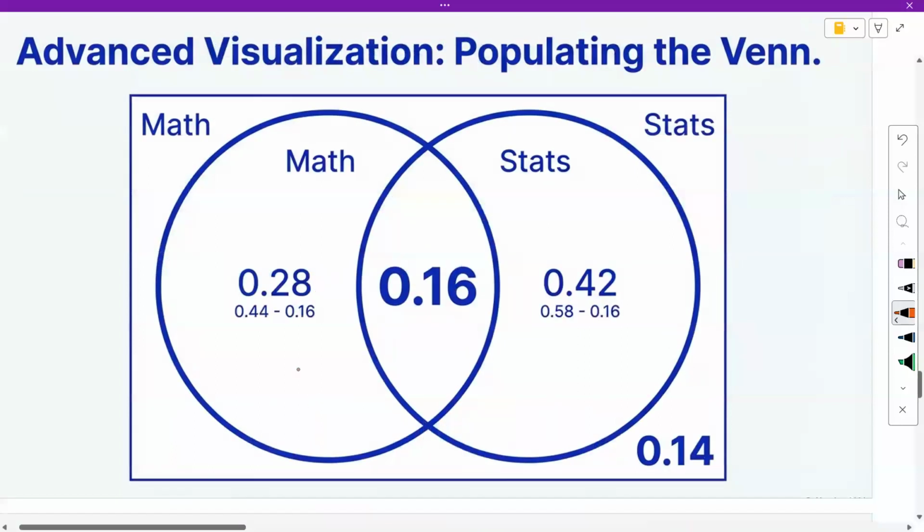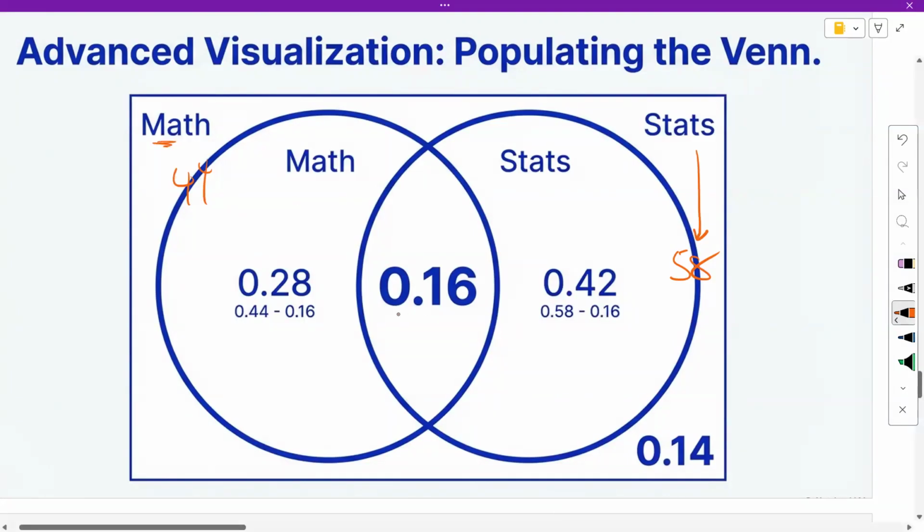Here the maths probability is 44% and statistics 58%. The winning chance of getting the statistics prize is 58% and 44% for maths.